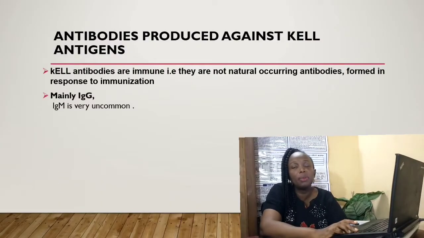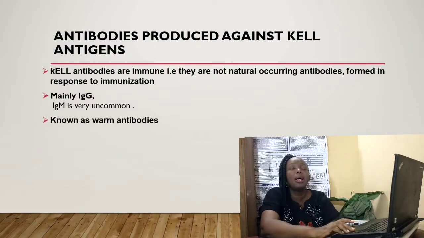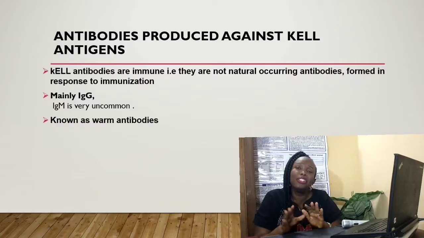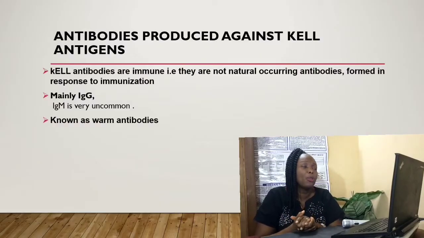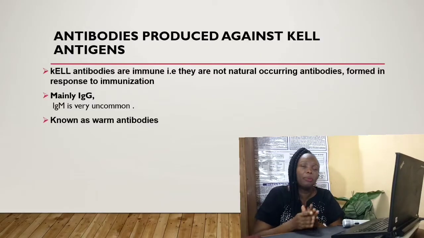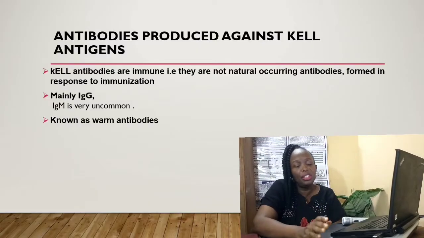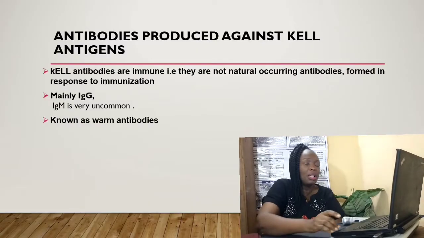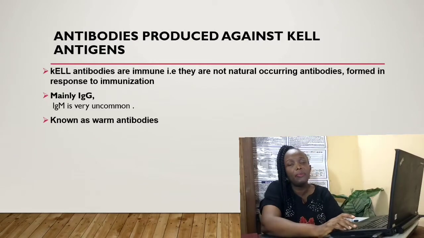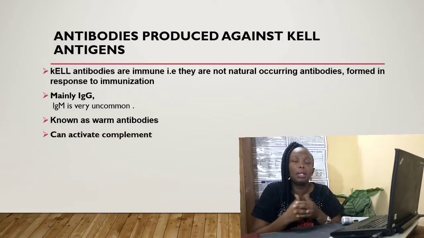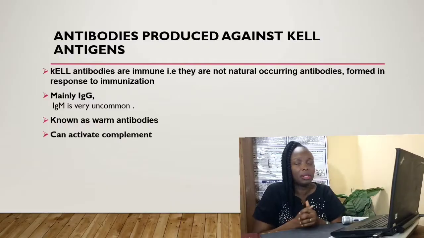They are mainly IgG antibodies, you hardly see IgM. And because they are IgG, you can also say that they are warm antibodies. They react optimally at 37 degrees Celsius.